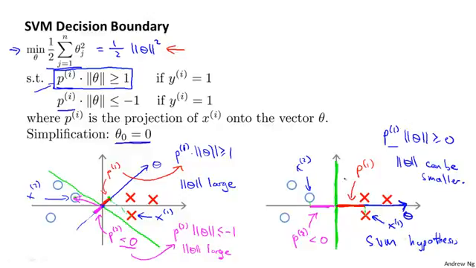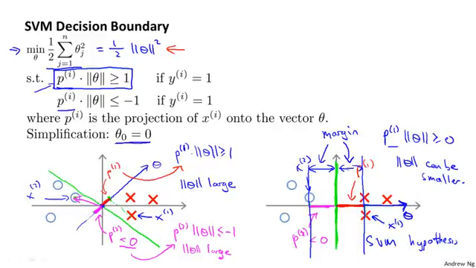Namely, if you look at this green line, this green hypothesis, we want the projections of my positive and negative examples onto theta to be large, and the only way for that to hold true is if, surrounding this green line, there's this large margin, this large gap that separates the positive and negative examples.